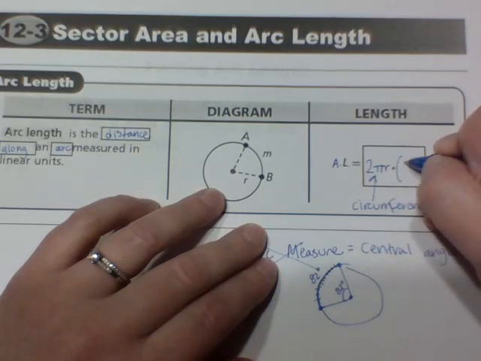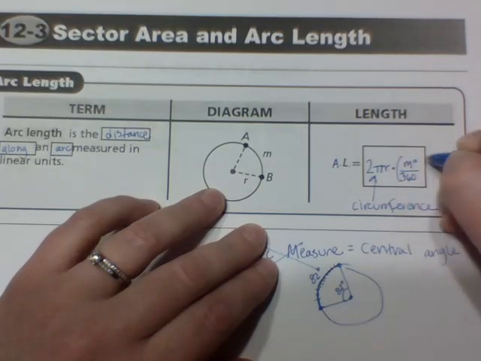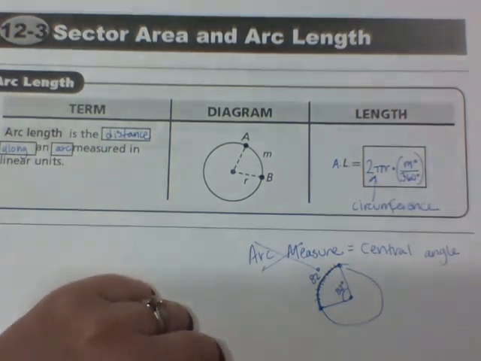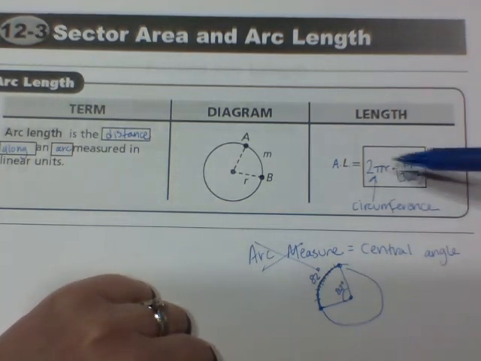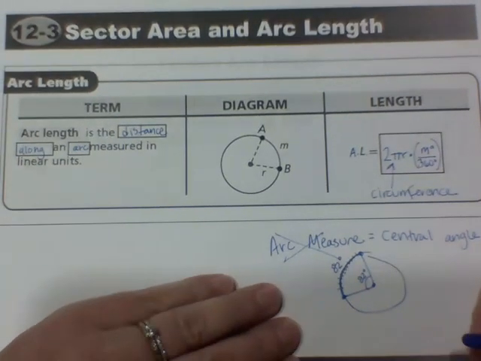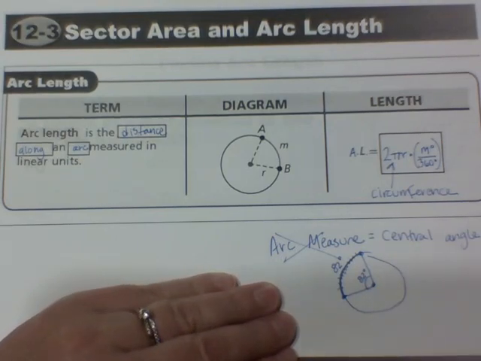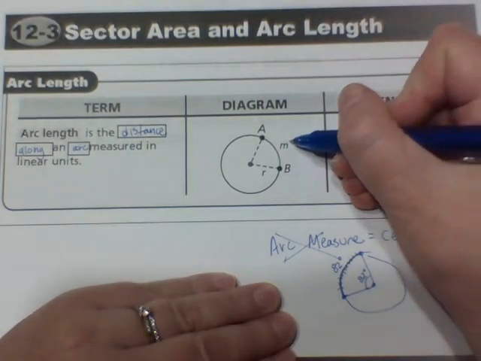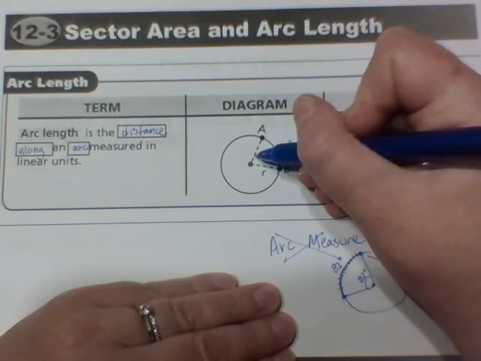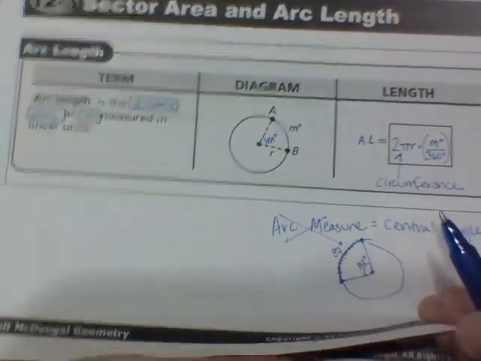And then you need to multiply that by the measure of the central angle over 360. All right, so circumference and then a piece of that over 360. They also mentioned that m could be the arc measure here, but it could also be the central angle. So whichever one you get.